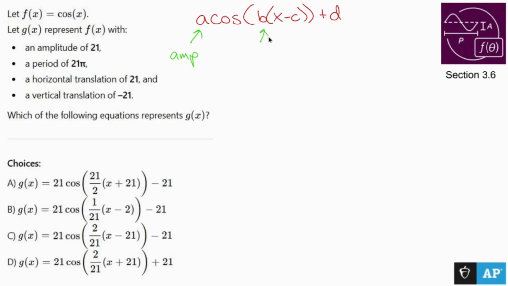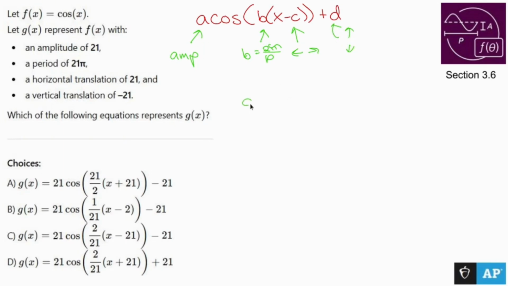B allows us to find the period, and the period is found 2 pi over whatever your period is. So I'll put big P there. C is a phase shift or a horizontal translation. So that's just kind of normal, so left or right stuff. And D is midline or vertical translation, so up, down stuff over there.